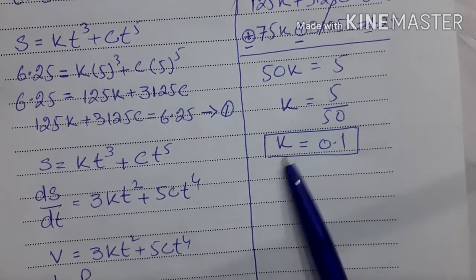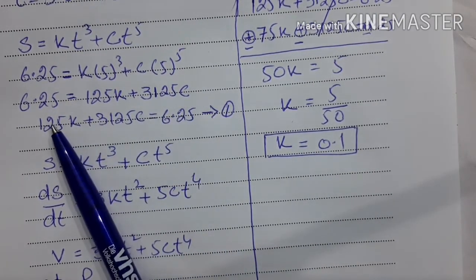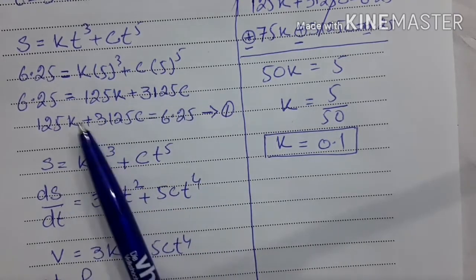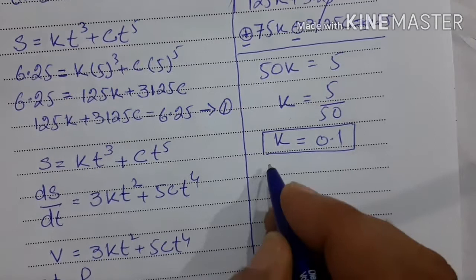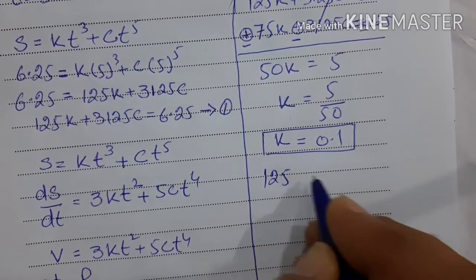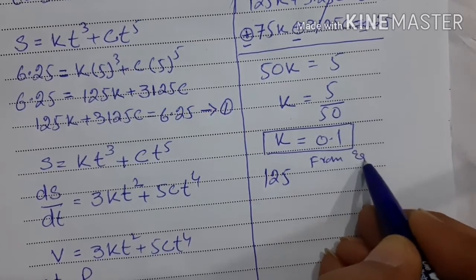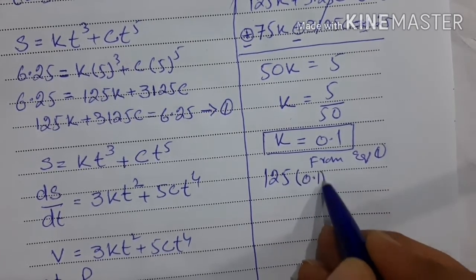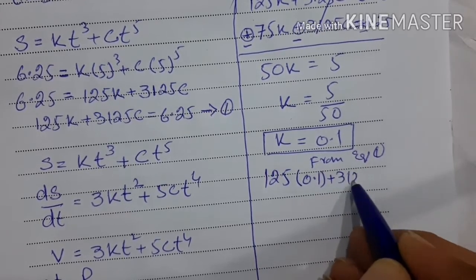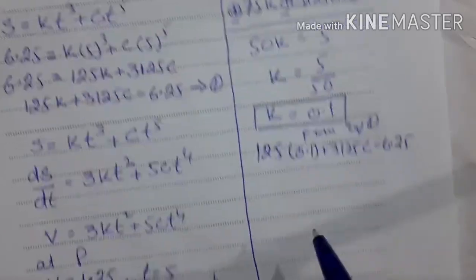Now you can get the other constant by putting the value of k in either equation 1 or equation 2. So I'm going to put this in equation 1. So 125 into 0.1 plus 3125c is equal to 6.25.